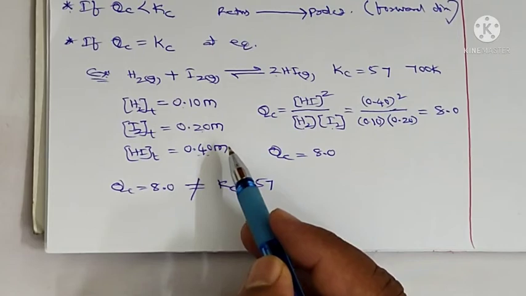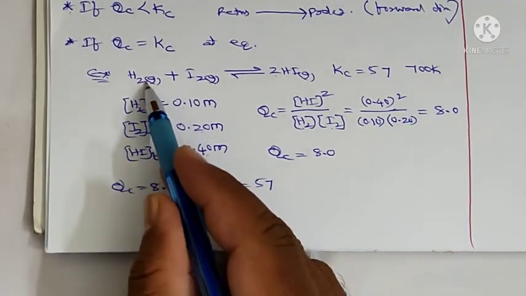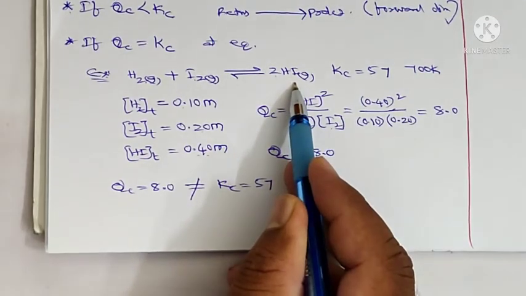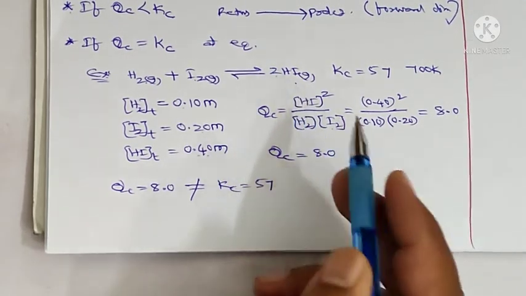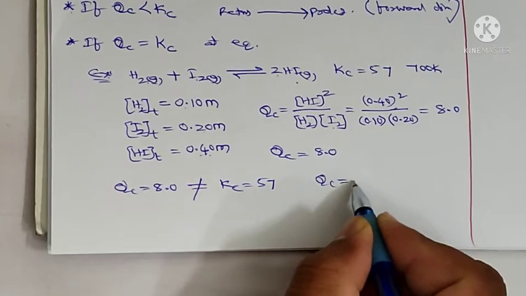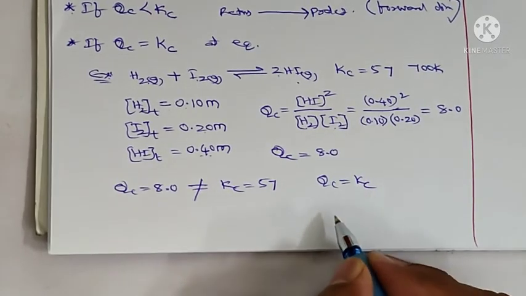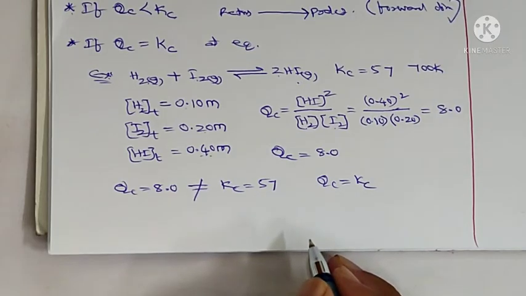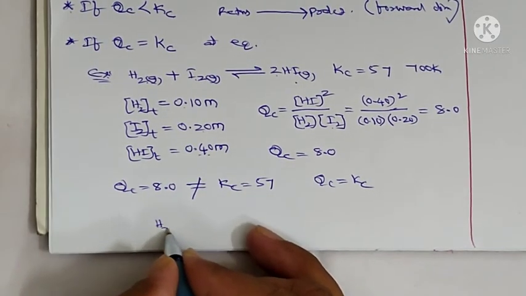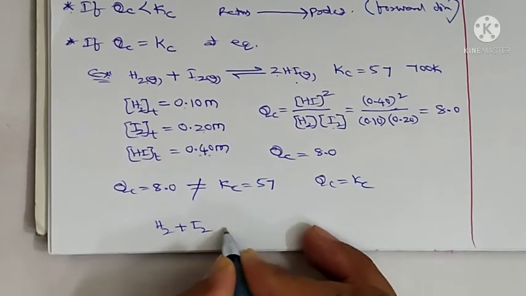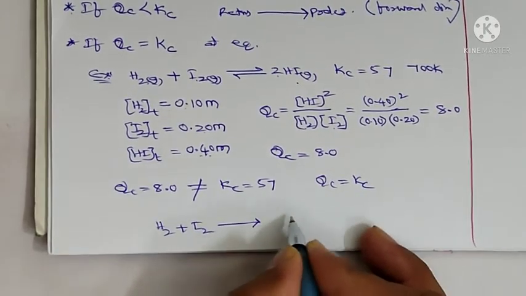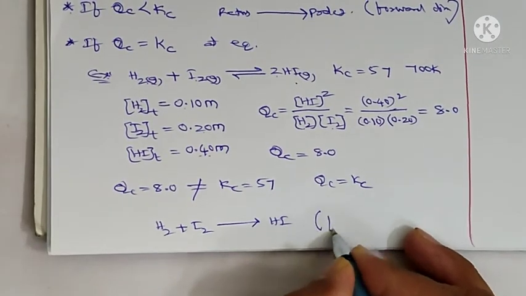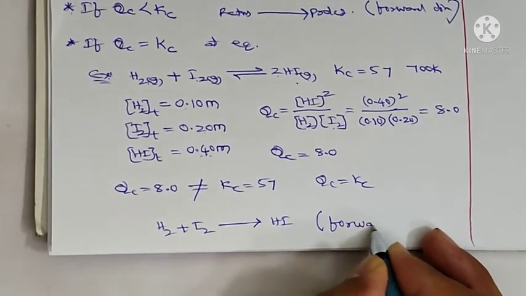At this stage, more H2 and I2 react to form more HI until Qc is equal to Kc. Therefore, the reaction proceeds towards products, H2 plus I2 towards product HI. So it is a forward direction.